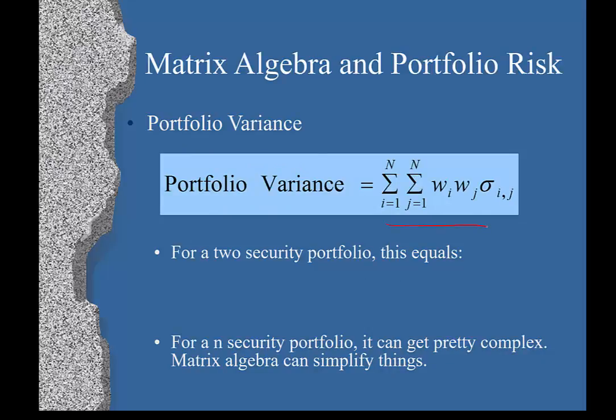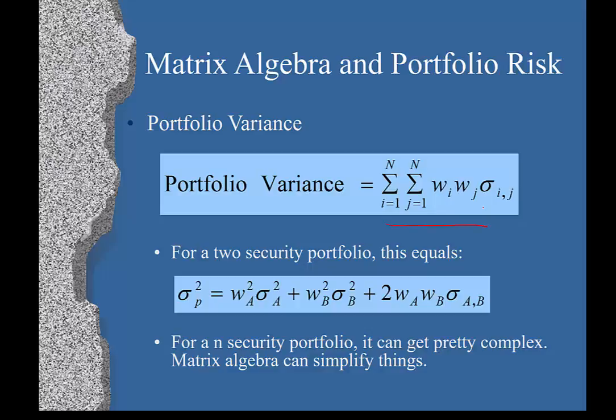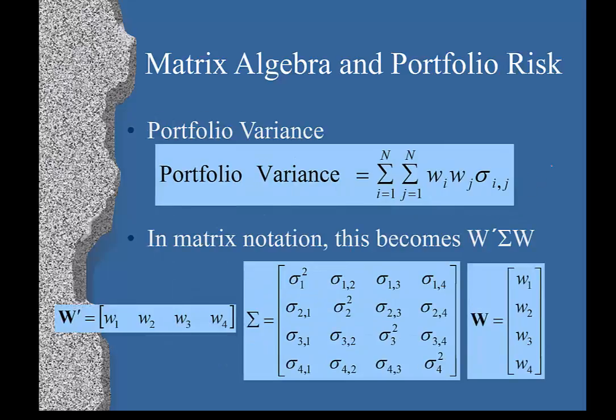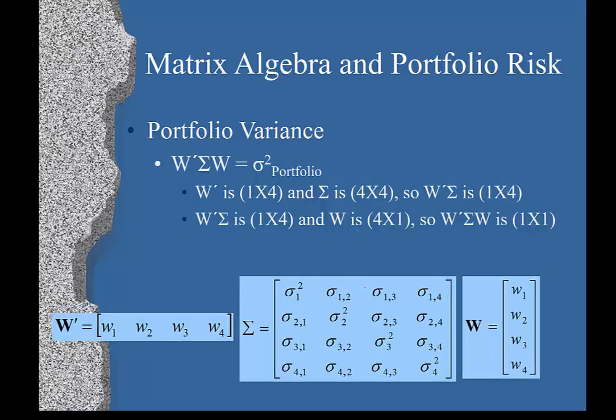For the variance, this is funny looking, but it's the same as that two security portfolio variance that you studied in 3318. For an n-security portfolio, it can get pretty complex when you're using this formula, so we use matrix algebra to do this. In matrix notation, it becomes W prime sigma W. We're going to take that transpose matrix, multiply it by the sigma matrix, and then multiply it again by the weight matrix.